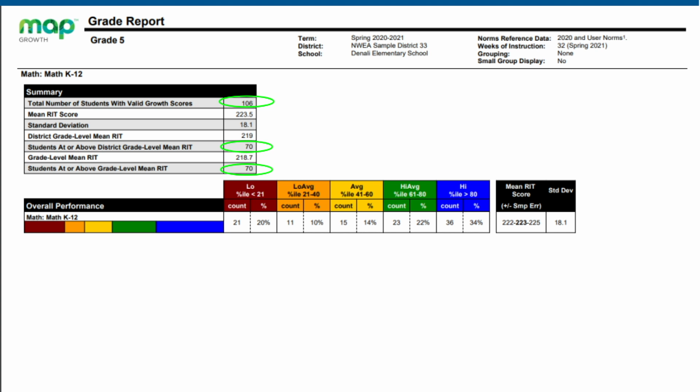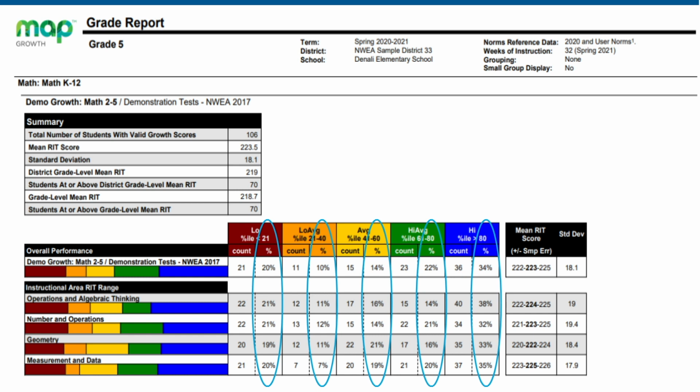We can then see that there were 106 students at this grade level with valid growth scores. That means fall and spring. 70 of those 106 scored at or above the district level mean, and 70 scored at or above the national grade level mean RIT score.